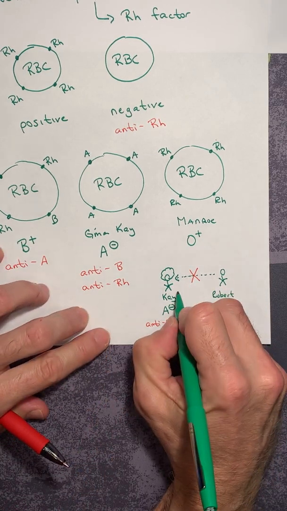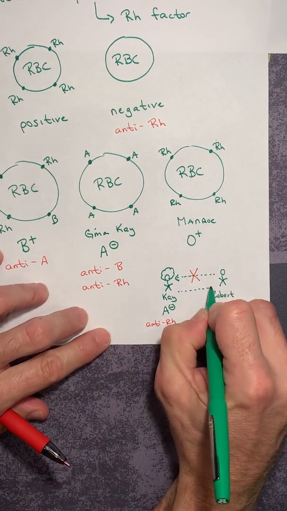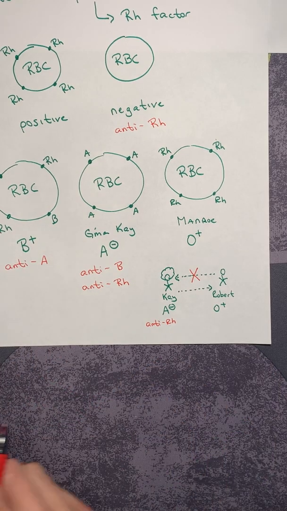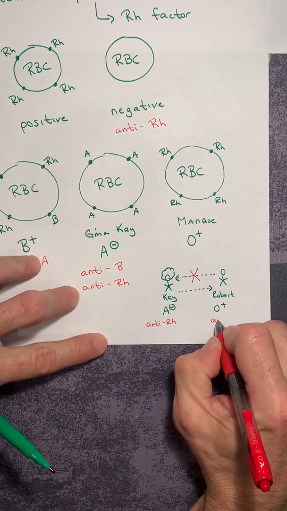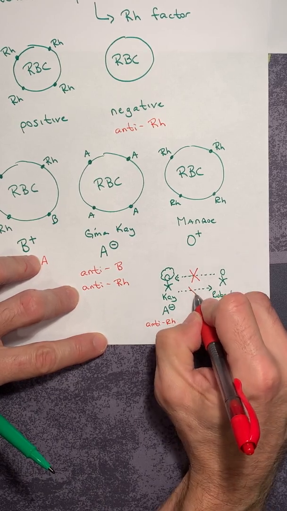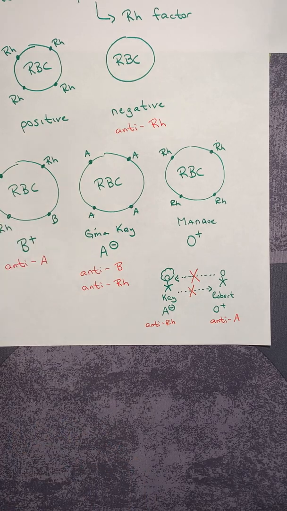What about the other way around? Can she donate to me? No, because I produce anti-A. Both of these are a bad idea. So I would donate to the blood bank, but I would donate 1 unit and then they would replace it and give my mother a safe unit.